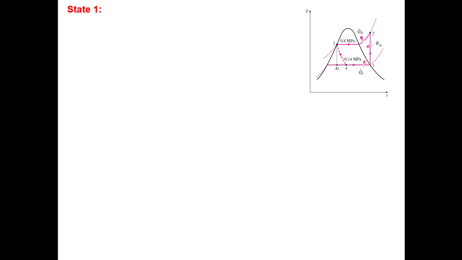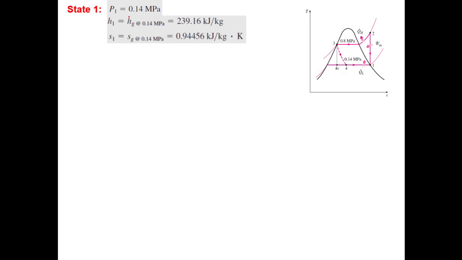We know the state: this is dry saturated, and we know the pressure, 0.14 megapascal. So H1 is equal to Hg. We can read that enthalpy from the property table. The refrigerant is 134A, and the properties of this refrigerant are given at the end of the book. I have provided the property table as well. I'll email you that property table again if you don't have it.